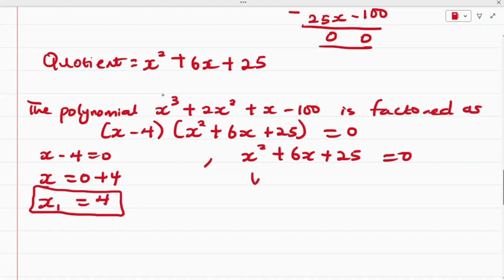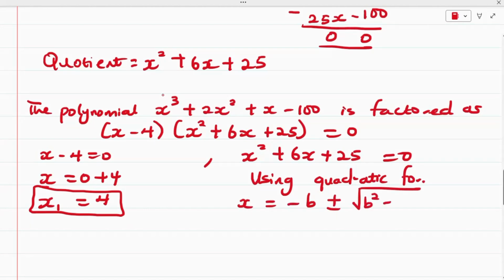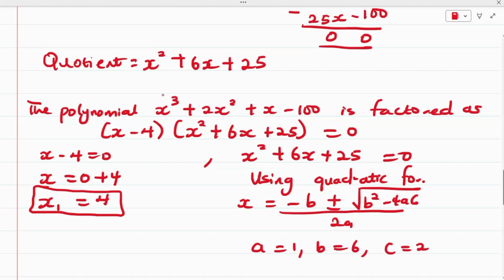So to solve for the second value of x, we want to simply solve by making use of the quadratic formula. And we have the quadratic formula to be x equals minus b plus minus the square root of b squared minus 4ac divide 2a. And we have a equal to 1, b is equal to 6, and c is equal to 25.